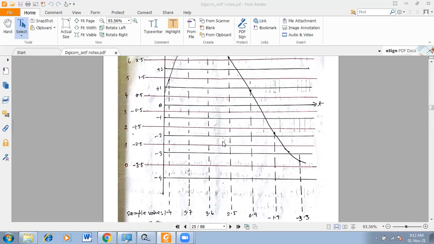Okay, so in general you can write 2 to the power n is equal to L. What I am telling you is that the number of quantization level, if it is L, it should be 2 to the power n, where n is the number of bits required to code per sample.